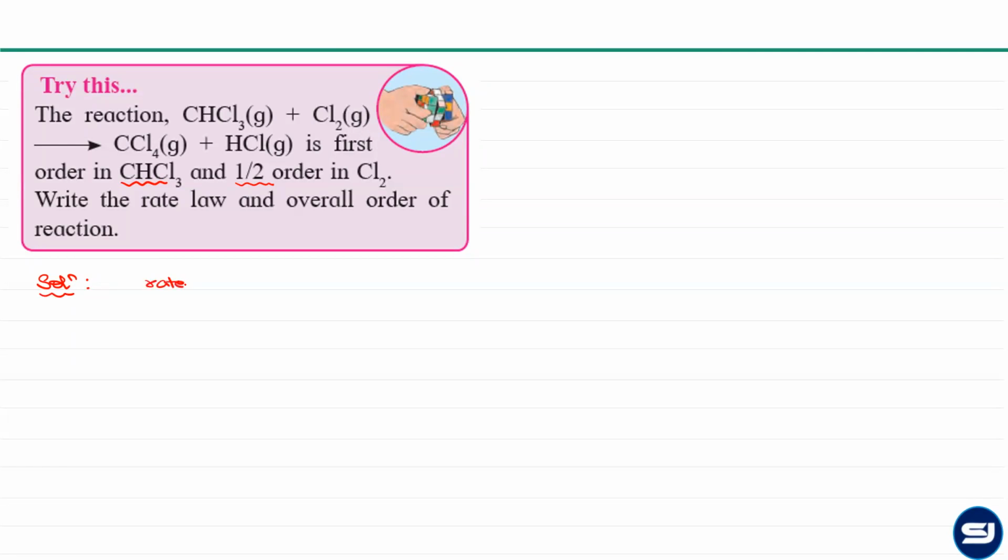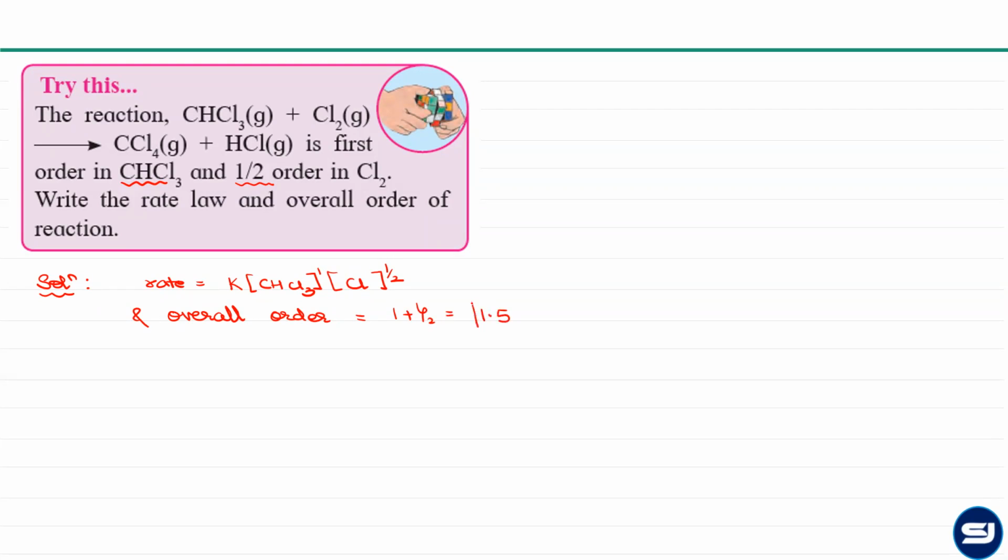Powers you can't multiply by 2, बाबा. ये आपका पावर है, एक्सपोनेंशियल पावर है. ठीक है. सो यहाँ पे क्लोरोफॉर्म इज फर्स्ट ऑर्डर एंड क्लोरीन इज हाफ ऑर्डर. तो रेट लॉ तो ये हो गया. एंड ओवरऑल ऑर्डर वुड बी इक्वल टू व्हाट? 1.5. 1 प्लस हाफ. 1.5 या 3/2.